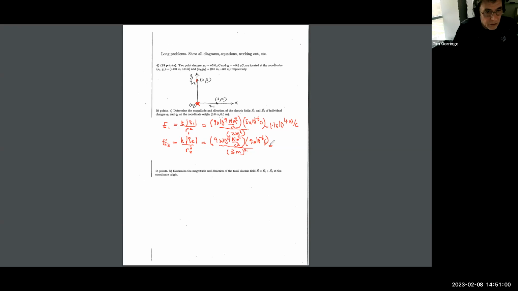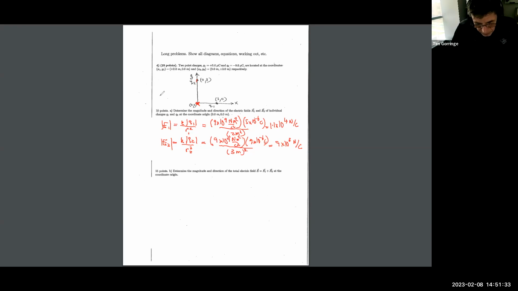And if I calculate this, I've already done it, I got a value that is 9 times 10 to the 3 newtons per coulomb. And again, let me stress, I'm calculating the size of these two fields. I'm plugging in the sizes of the charges. So I just plugged in 5 microcoulombs, 9 microcoulombs. I didn't plug in minus 9 microcoulombs as an example. So those are the sizes.